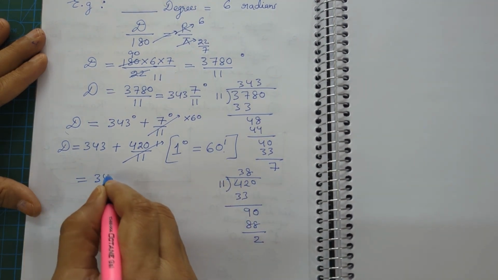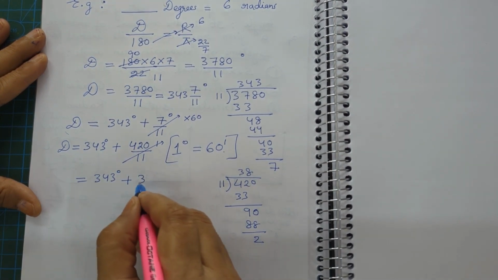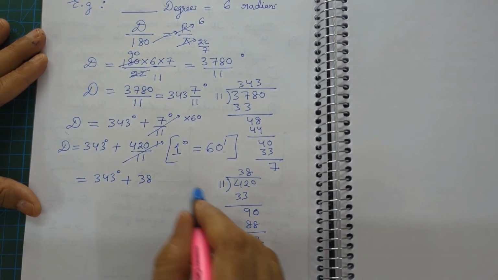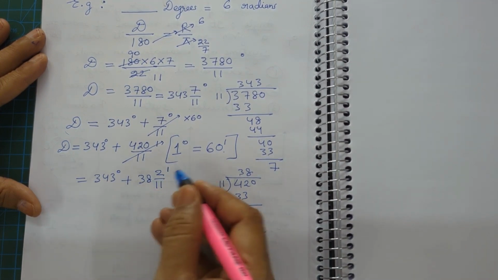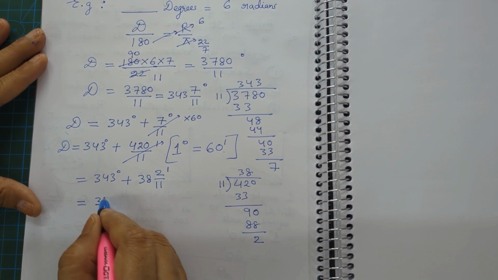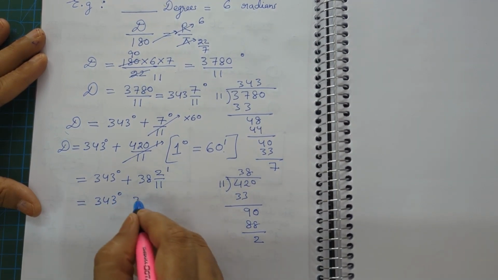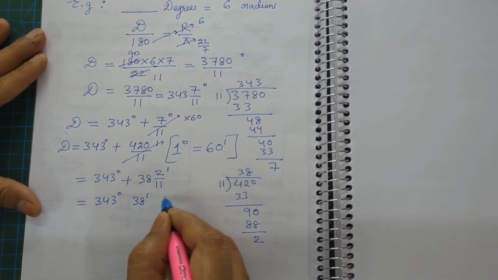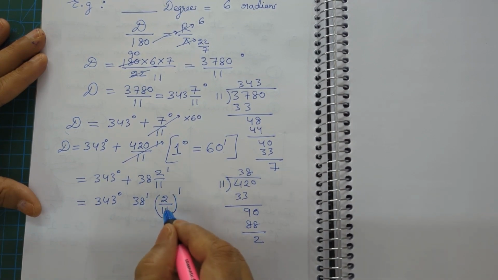So 343 degrees plus 38 and 2 by 11 minutes. This we can further write as 343 degrees, 38 minutes and 2 upon 11 minutes. And this one we will further convert to seconds.